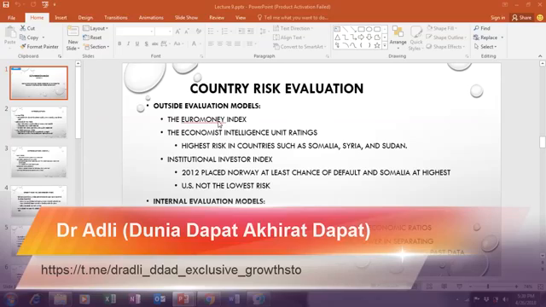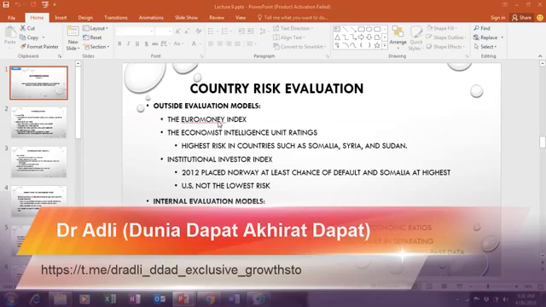If you look, there are 5 tiers of the Euromoney country risk rating. The first tier would be Norway, Switzerland, Sweden, Canada, Australia, United States, France, and also United Kingdom. This is the elite group, where the risk is low.